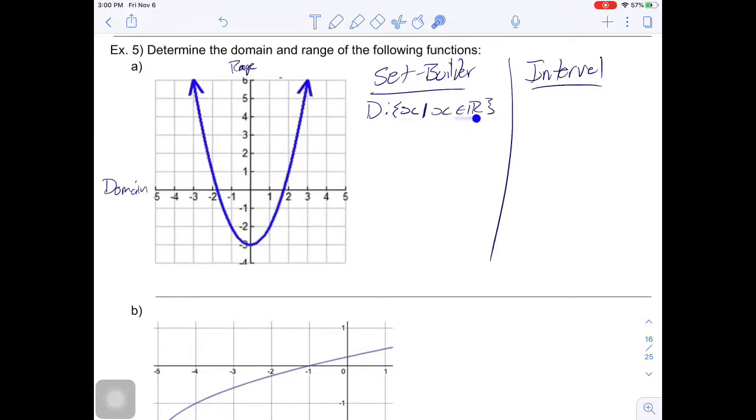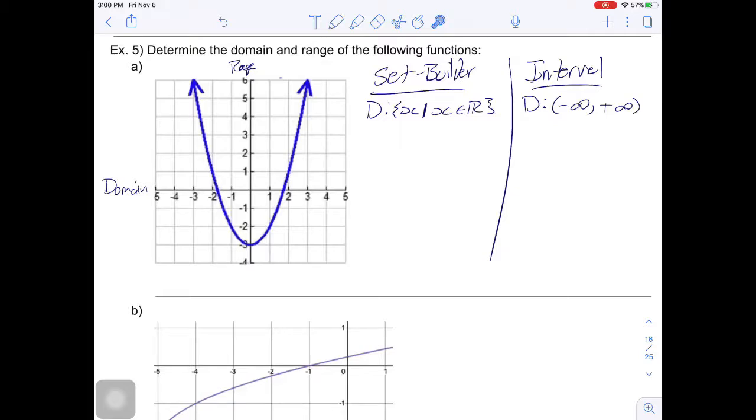There's absolutely no restrictions on x. If I wanted to state that using set builder, it looks a little funny, but realistically, the smallest number in my domain for my x values is negative infinity. This is just going to keep going to the left all the way to negative infinity. And then the biggest number is positive infinity.